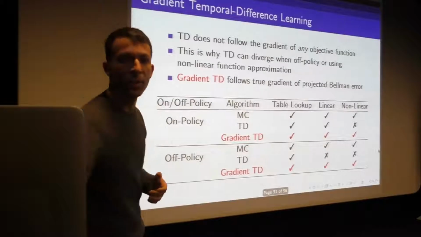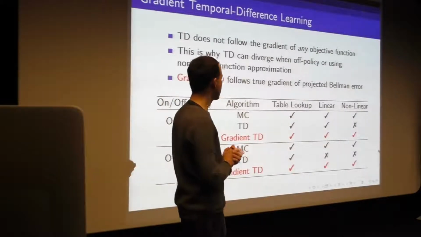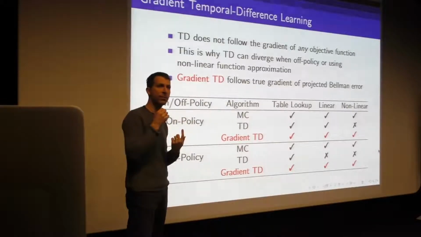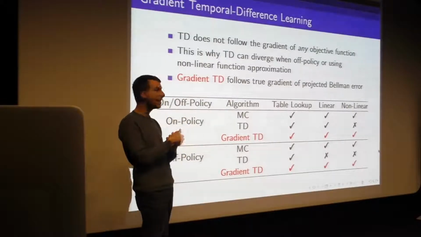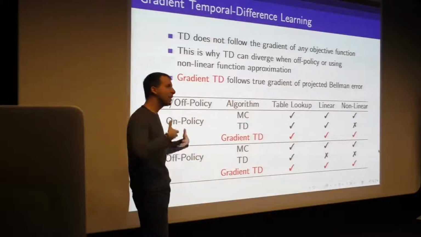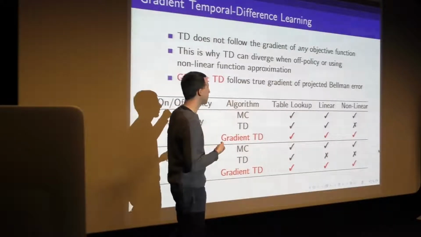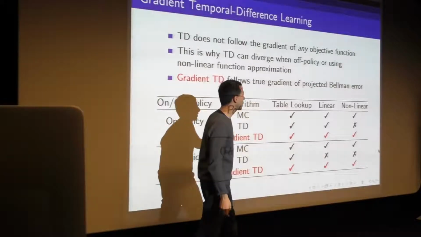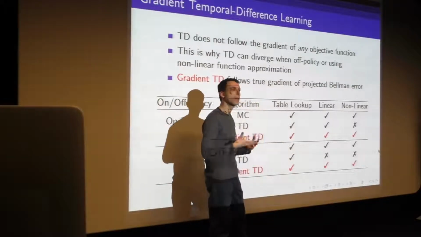I just want to mention some more recent methods, such as gradient TD. Also, in the last few months, there's another method called emphatic TD. These are methods which fix the issues that the TD algorithm has when it bootstraps. For example, gradient TD is a true gradient descent approach.